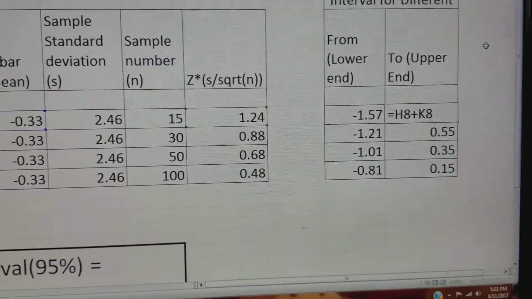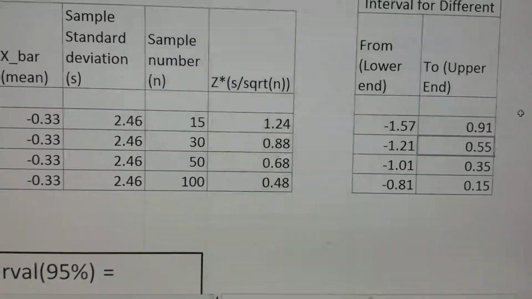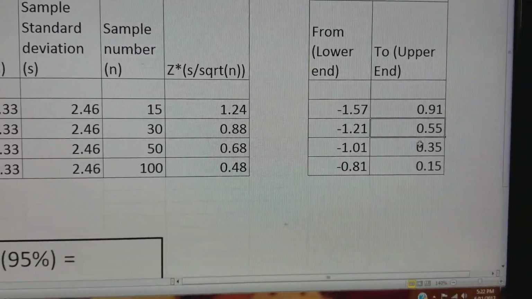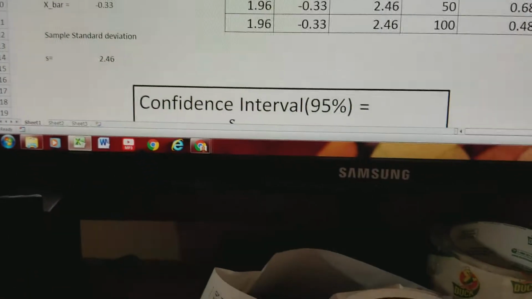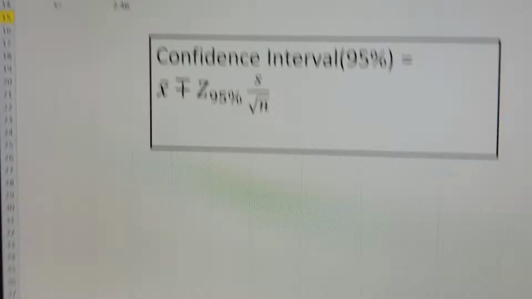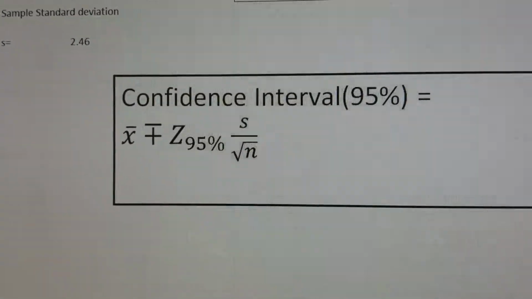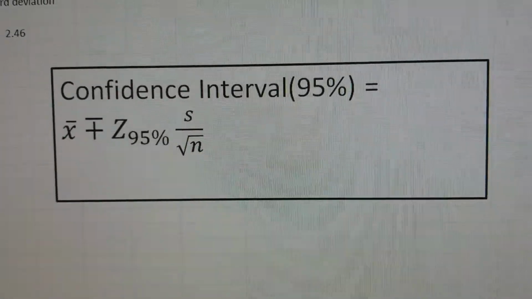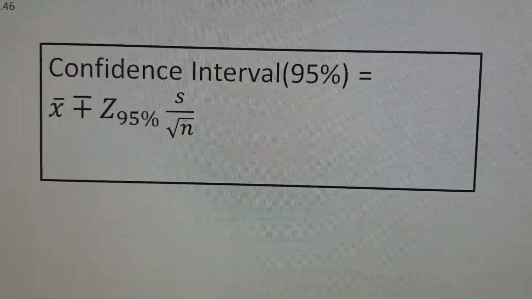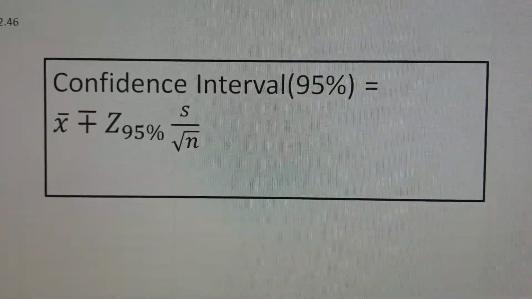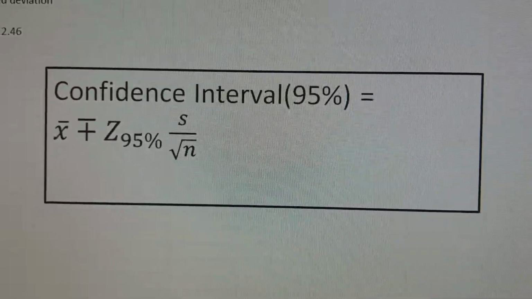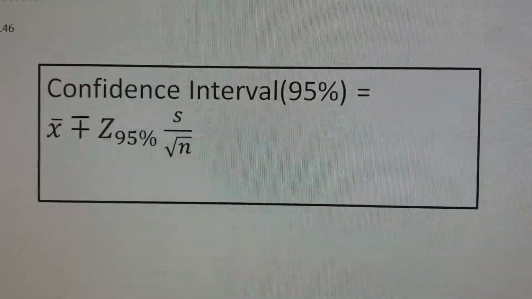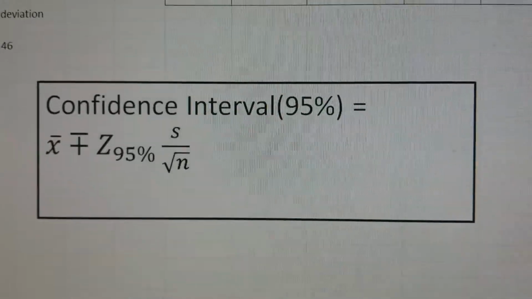In that case we could develop a table that looks pretty much like this, going straight up and down. And the formula that we're using is that our confidence interval of 95% is equal to the mean plus or minus my z value at 95% multiplied by s divided by the square root of n.